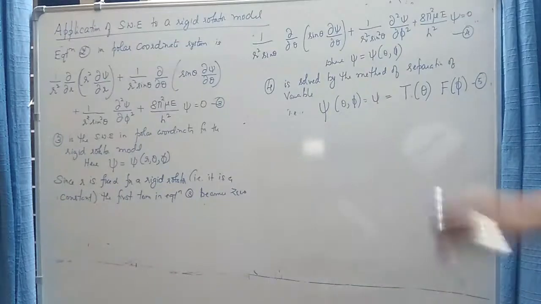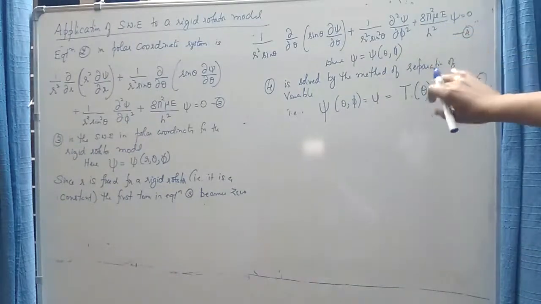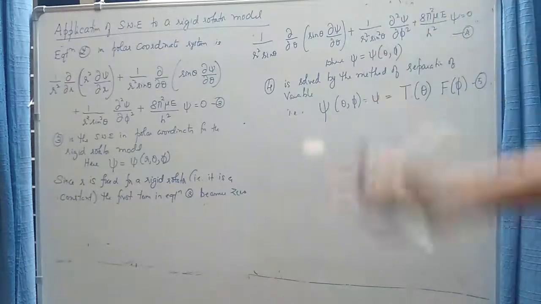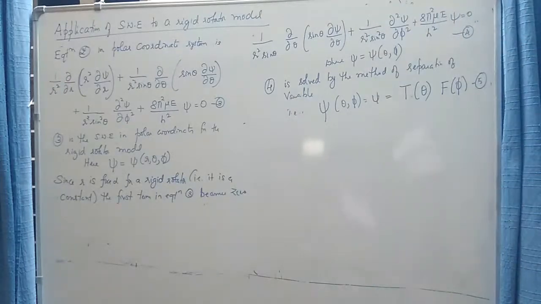So here you have a two-dimensional Schrodinger wave equation. If I apply this method of separation of variables, it will be converted into two one-dimensional Schrodinger wave equations, each equation dealing with one variable. So you get two equations, one dealing with variable theta, the other dealing with variable phi.